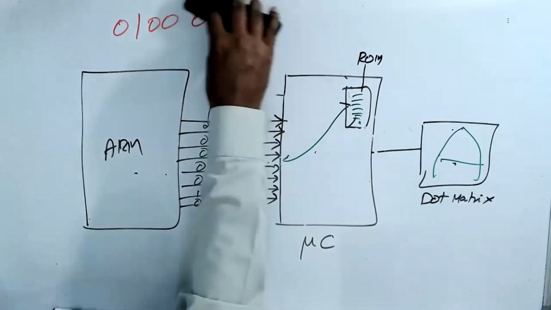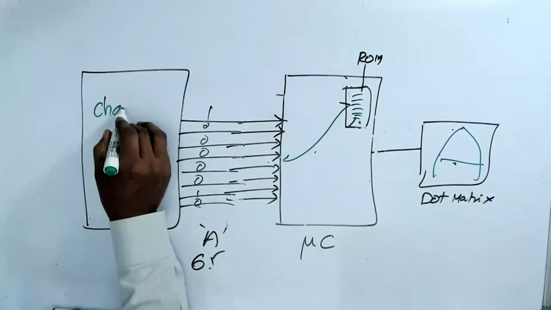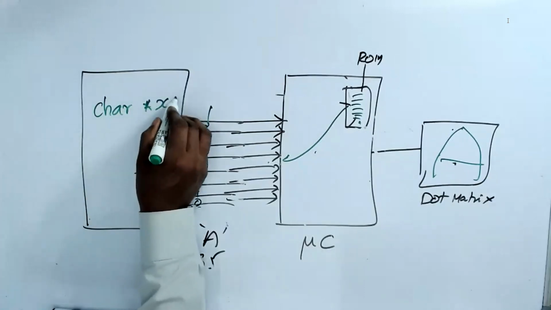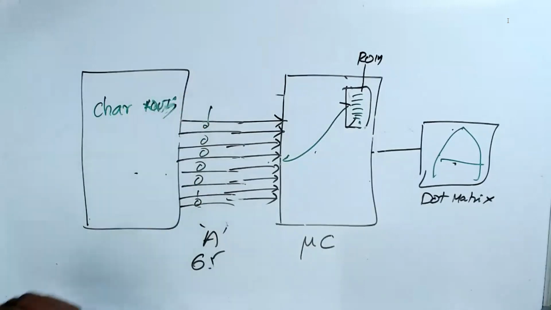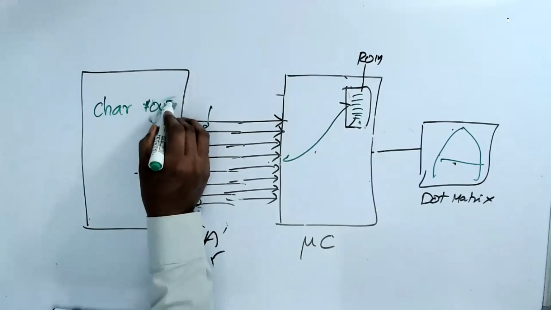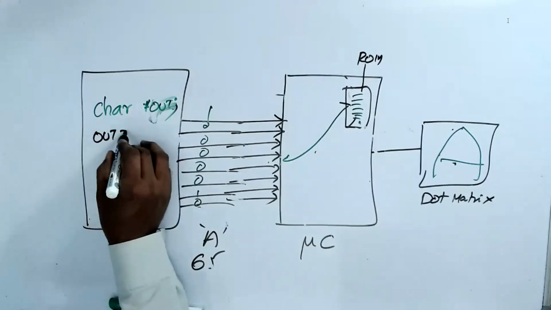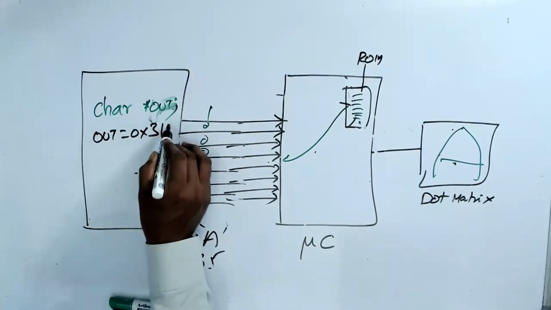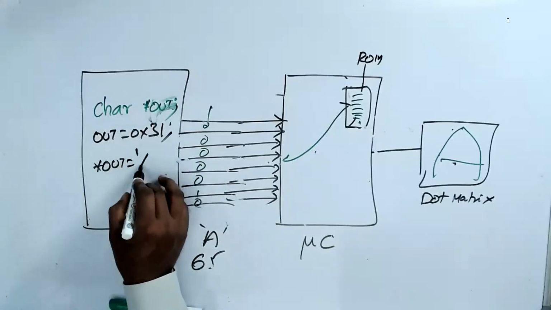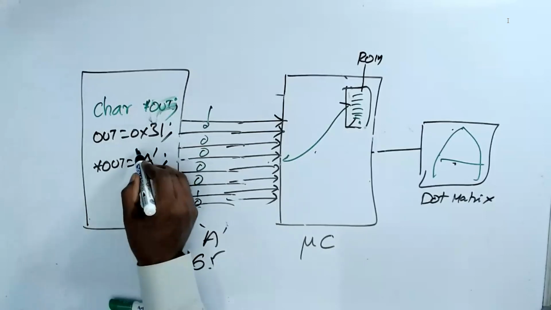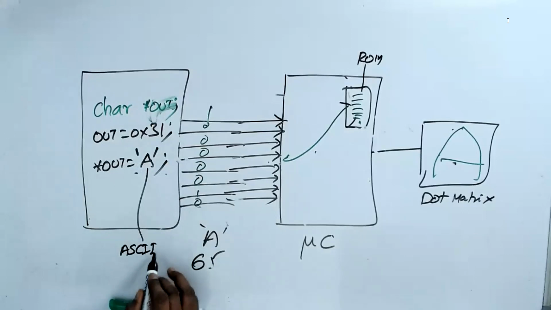Let us assume I write: char *out, and out is equal to 0x31, whatever it is. If you put *out equal to within quotes 'A', see that? Within single quotes means ASCII. It's a character symbol.